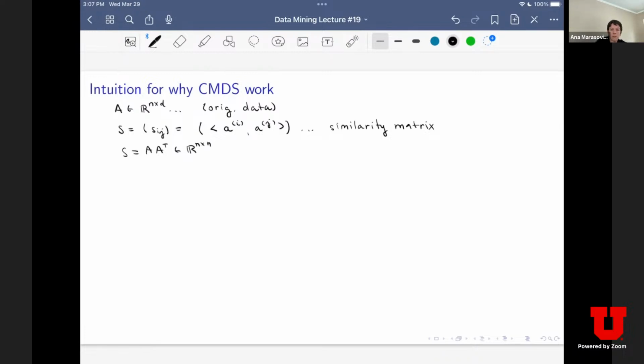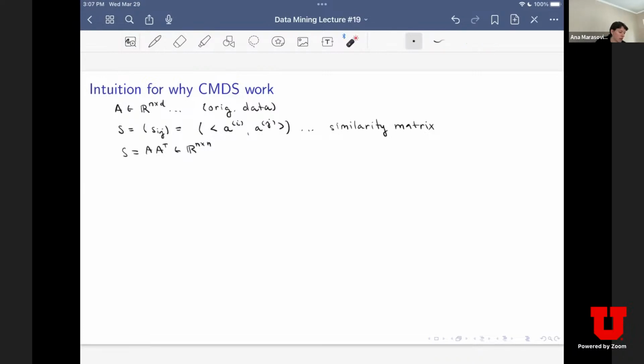Now remember that when we were talking about PCA, once we center the data, we take the data times data transpose, this outer product, and we apply the eigendecomposition onto that matrix to get the directions that have the most variation in the data.